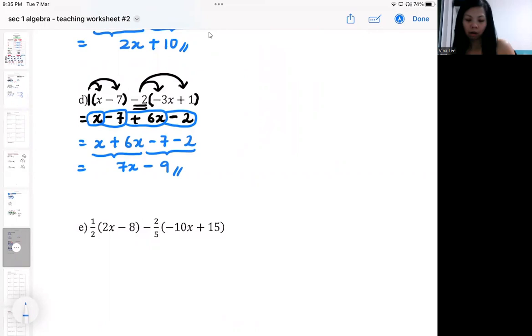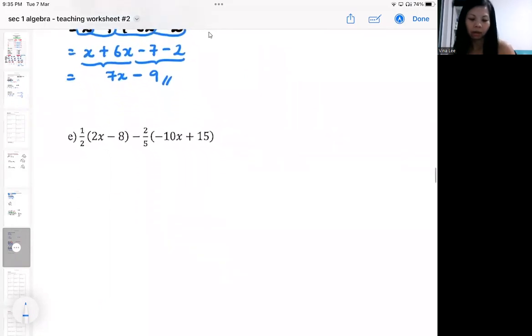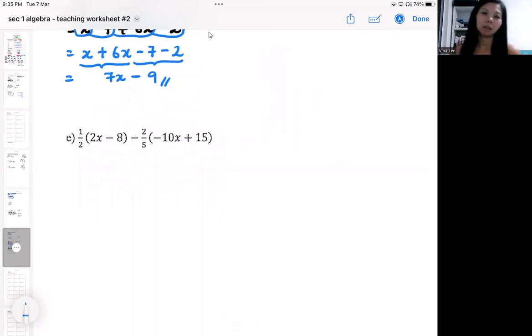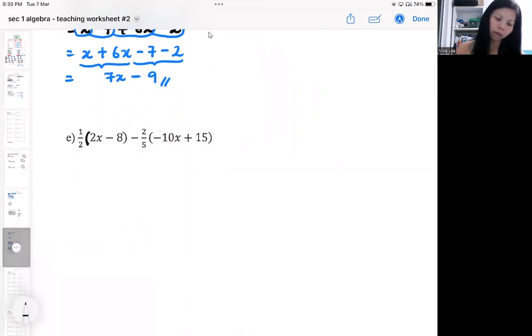Okay. Now, even if you have fractions, it doesn't change the technique. I'm still going to distribute, I'm going to expand out. Some students, when they see a fraction, suddenly don't know what to do. Fractions are still numbers. You don't need to be affected by the fact that it's a fraction. It is still a multiply. So half times 2x.